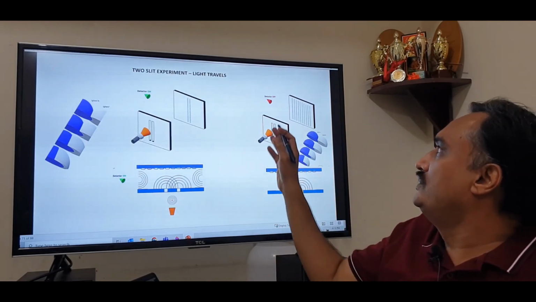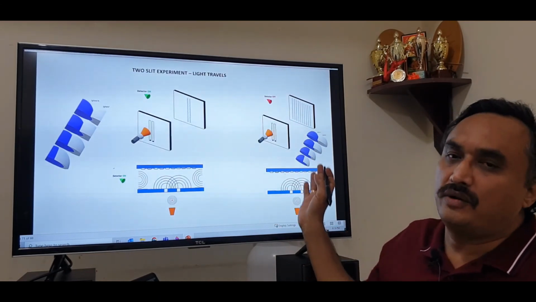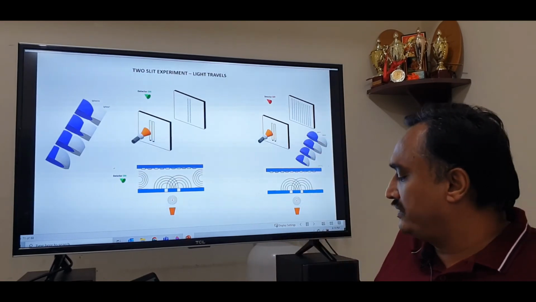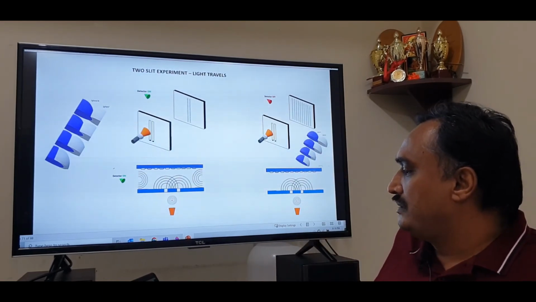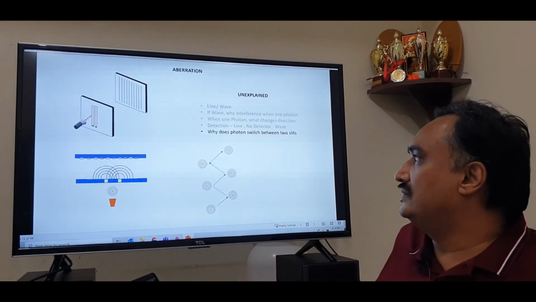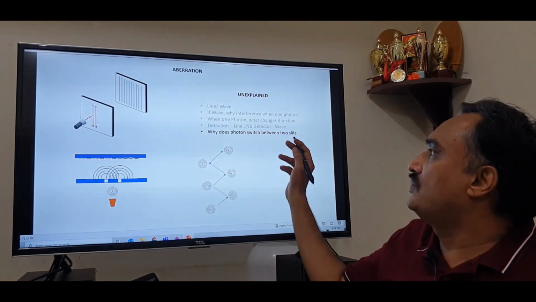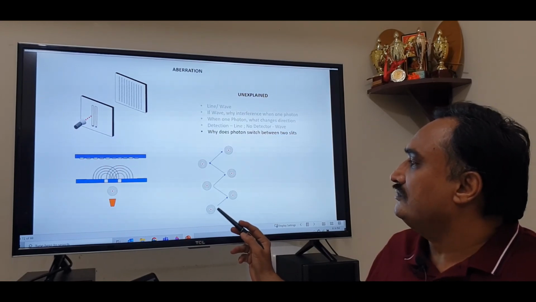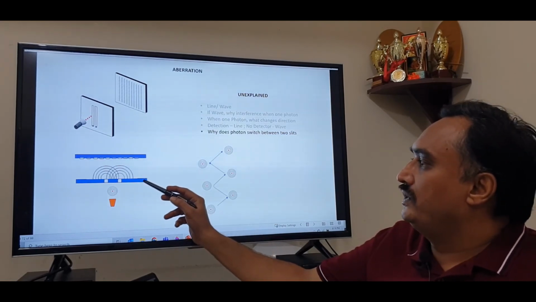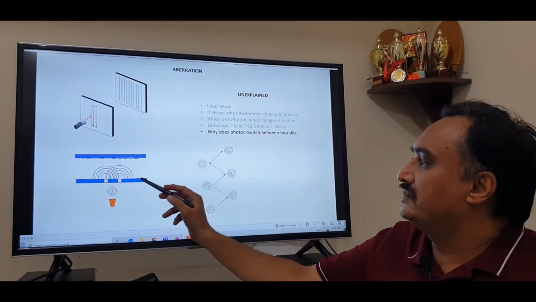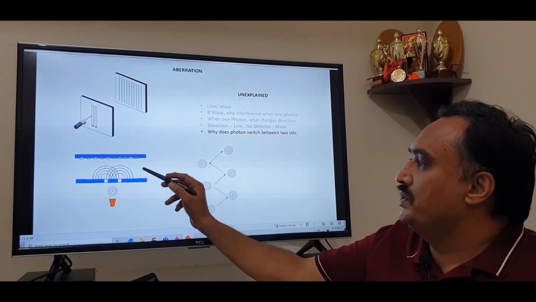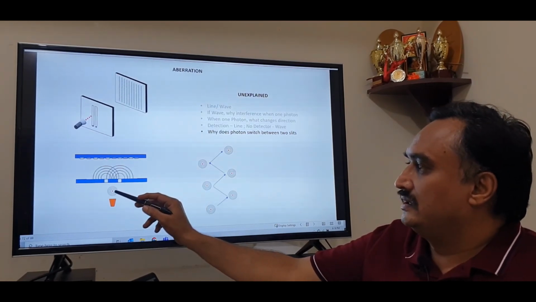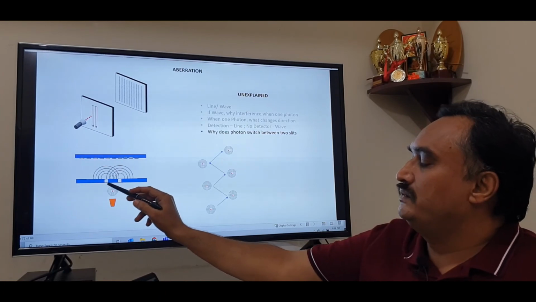And obviously when you switch the detector off, we have the normal situation wherein the interference pattern comes up. But what is still not explained is why the photon switches between two slits. Even if the flash beam is here and plane 1 is here, and you move it a bit, still the photon is switching between these two slits.